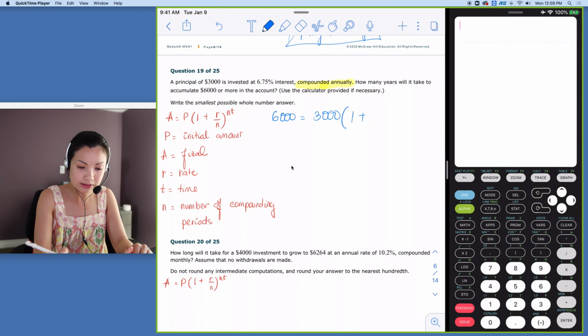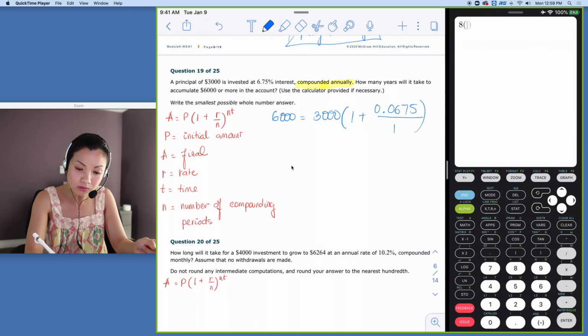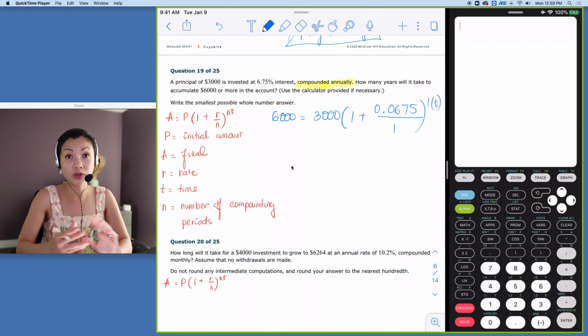1 plus R is 6.75%. So you want to change to decimal. It's going to be 0.0675 over, like I mentioned, N is 1, times T. Okay, so what we have right here, you're just going to follow the order of operation.